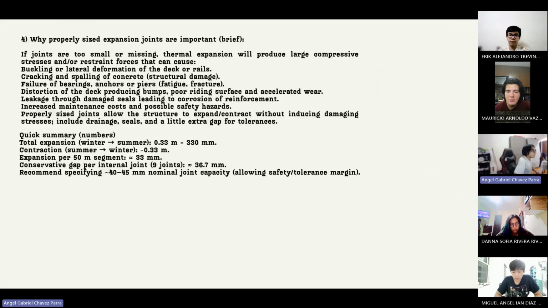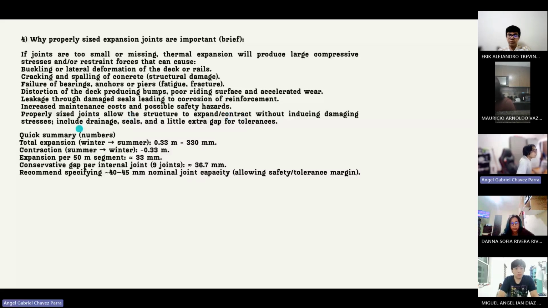4. Why are properly sized expansion joints important? Briefly, if joints are too small, the restrained thermal expansion will produce large compressive stress and restraint forces that can cause buckling or lateral deformation of the deck or rails, cracking and spalling of concrete, structural damage, bearing failure, and more fatigue and fracture. It can also cause distortion of the deck, bumps on the riding surface, accelerated wear, leaking through the joint seal leading to corrosion of reinforcement, increased maintenance costs, and possible safety hazards.